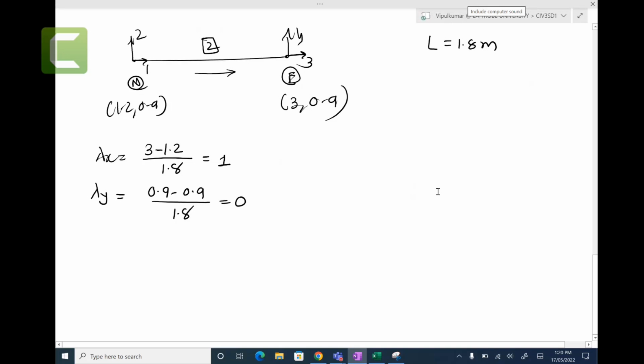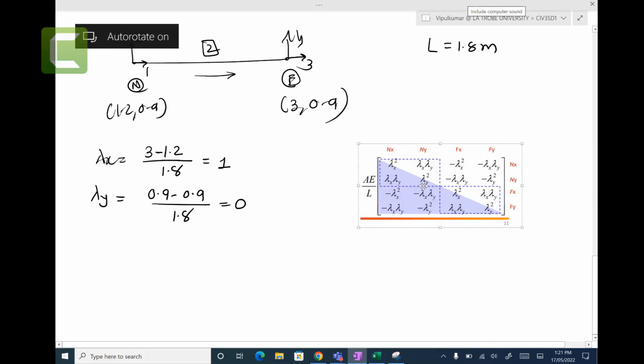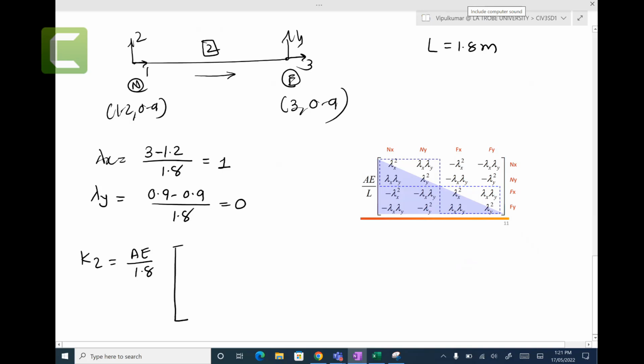And if I have a horizontal member or vertical member, that is better because one of the things would get 0. So K2 equals AE over 1.8 times lambda x: 1 0 minus 1 0, 0 0 0 0, and minus 1 0, and 0 1 0.